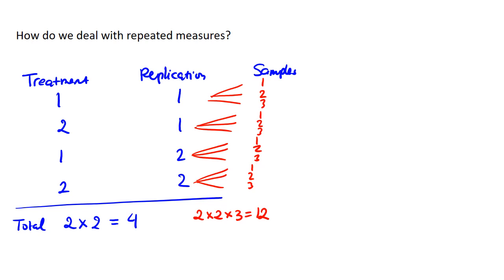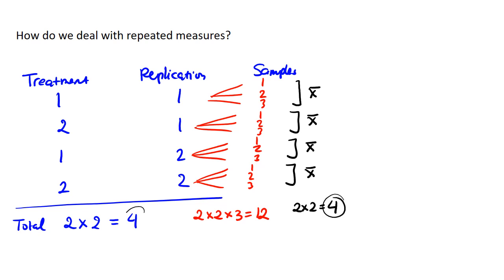However, we can calculate the mean of these samples for each experimental unit, and we will have 4 mean values. We can use these mean values in our analysis.